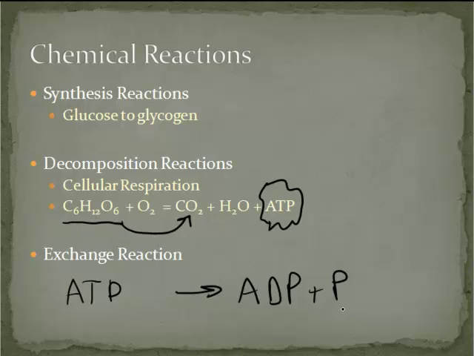It may even be a glucose molecule. If this phosphorus is attached to another molecule, this is called an exchange reaction. ATP stands for adenosine triphosphate, meaning 3 phosphate groups. ADP is adenosine diphosphate, meaning 2 phosphate groups, and the other phosphate is here. So originally, this phosphate that is broken off was on the ATP. It was broken off and attached to another molecule. That's an exchange reaction. These are different types of reactions that can happen in our body.